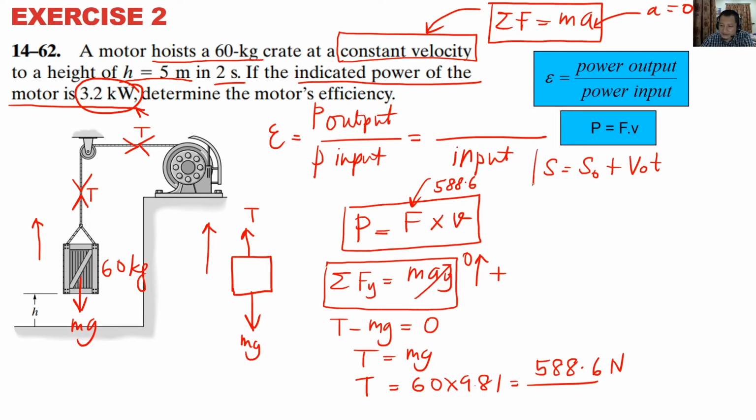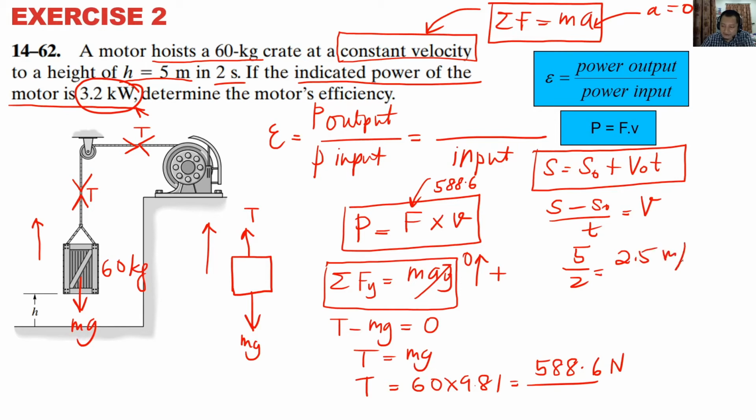So s minus s naught over t is equal to v. Lima bahagi 2, 2.5 meter per second. So this is the velocity.